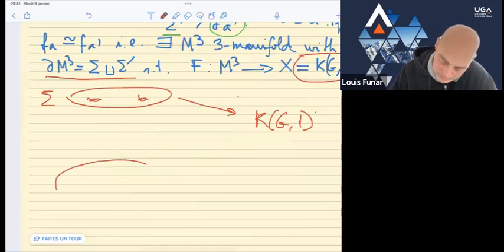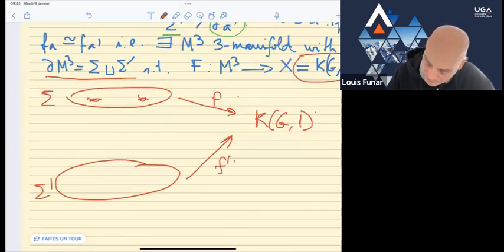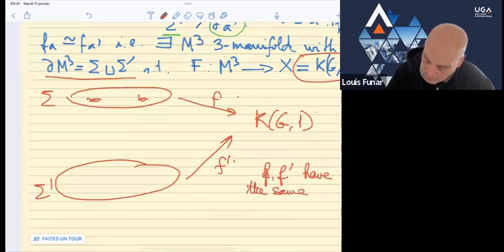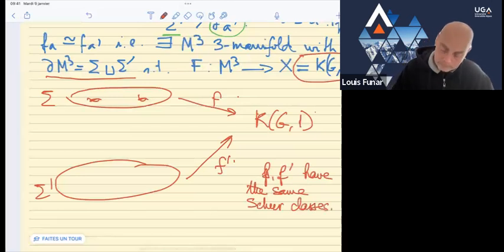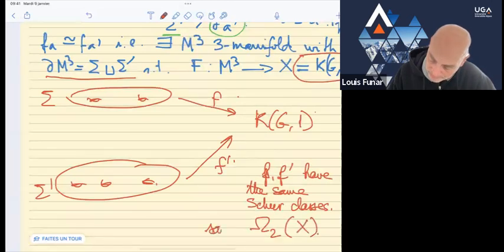The surface sigma prime, and I assume F and F prime have the same Schur classes, Schur invariants. And what does that mean? That means that they represent the same class in omega 2 of X. So same class here.